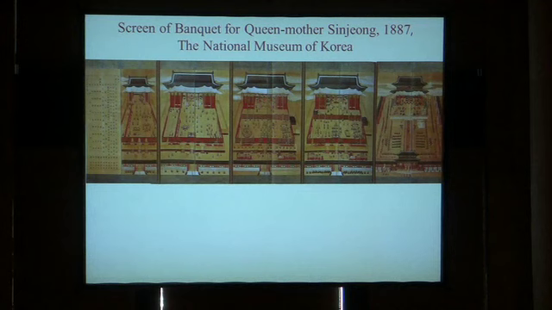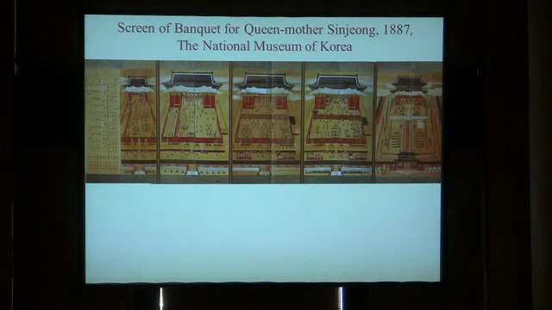But then there is such a thing called in-law politics in Korean history, and that means that all the wives of the king's relatives, like the queen's brother or queen's father, these people wielded a great deal of power at court.